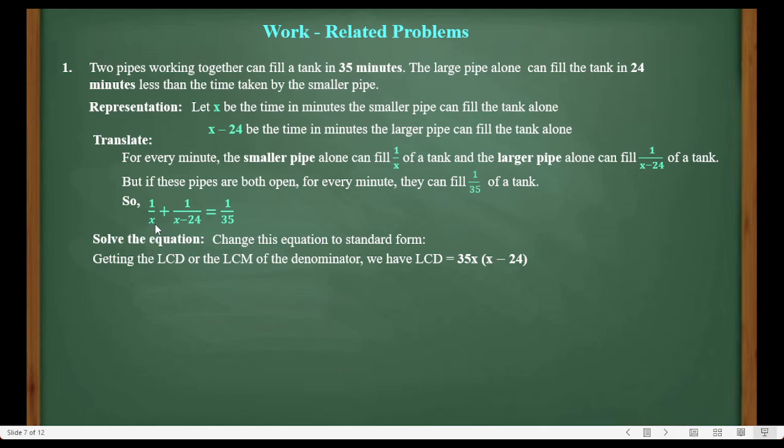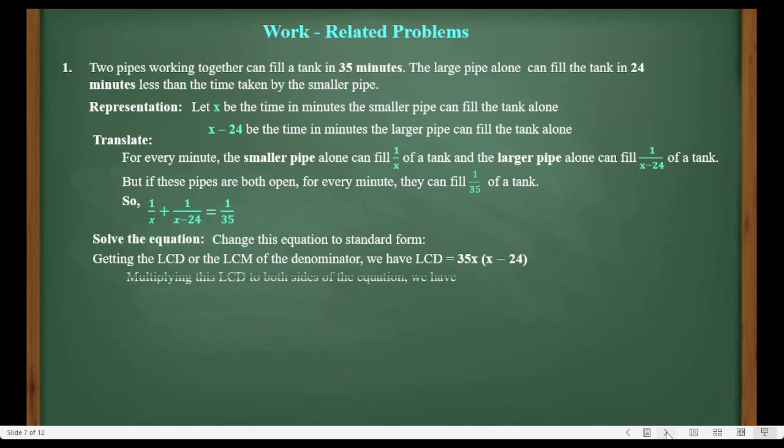Since we have three different denominators, the LCD is 35x times the quantity x minus 24. And this LCD is to be multiplied by each term of this equation on both sides.